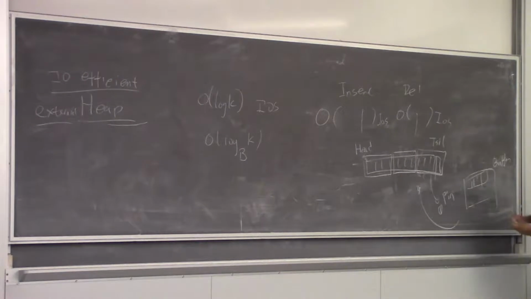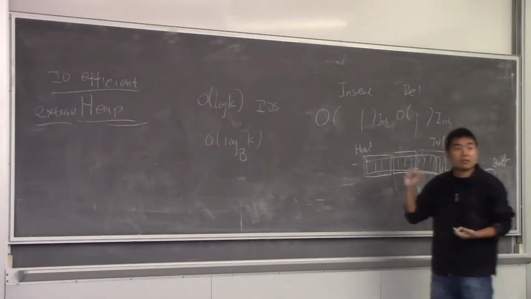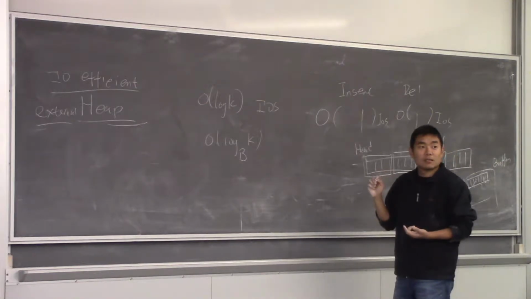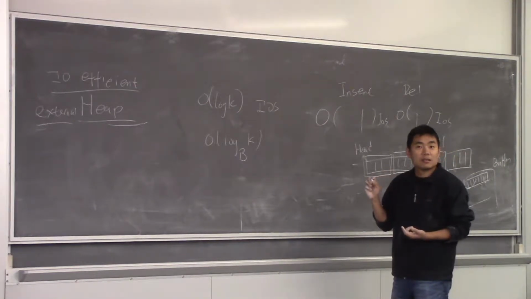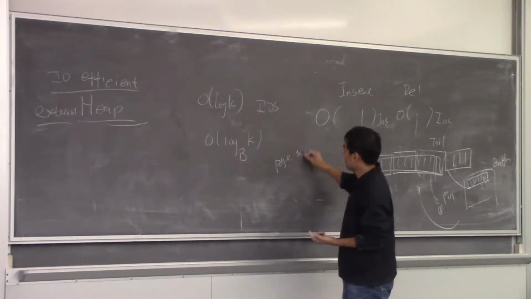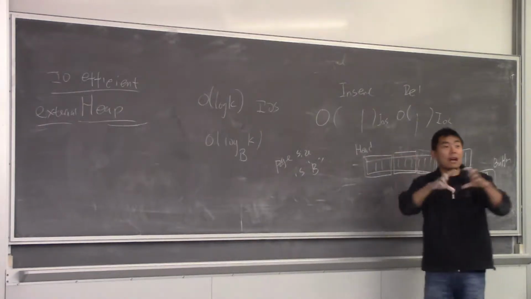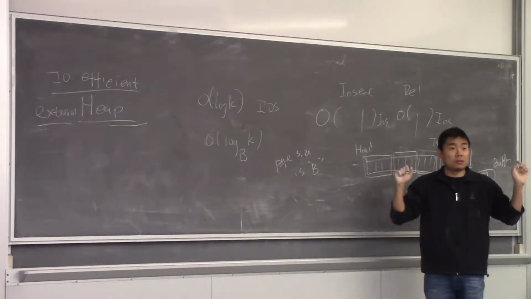What you do is you allocate 1 page in the buffer. You want to do insertion, right? Fine. I just keep inserting to it. When this is filled up, what do I do? Write it to disk. So what's the cost for insertion? Let's say your page size is B, meaning every page can hold B items.